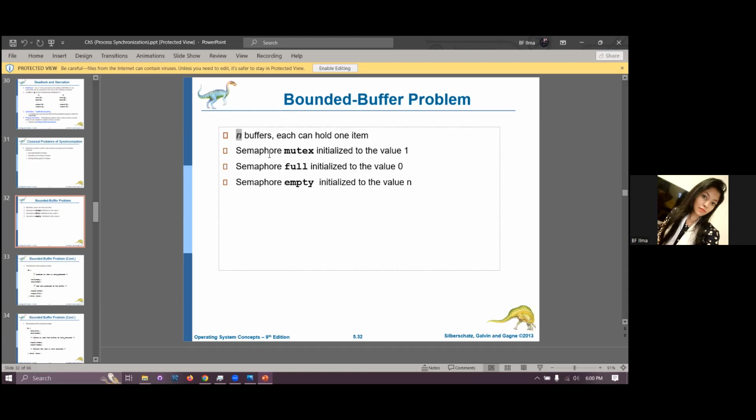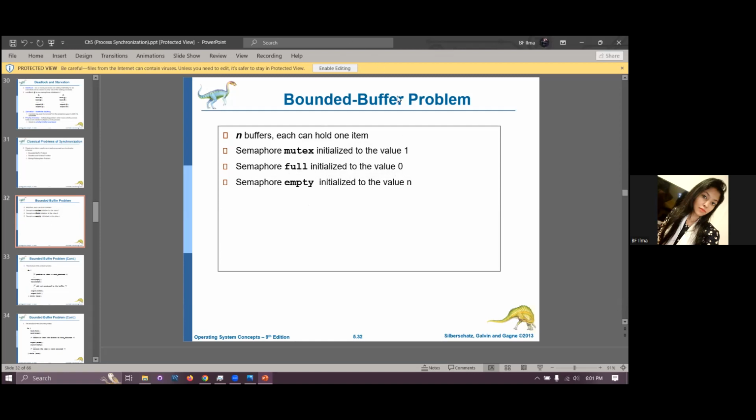And we have these semaphores, mutex. As the name suggests, this is used to perform mutual exclusion. And we have full and empty semaphores. Full is used to denote the count of full buffers, and empty is used to denote the count of empty buffers.